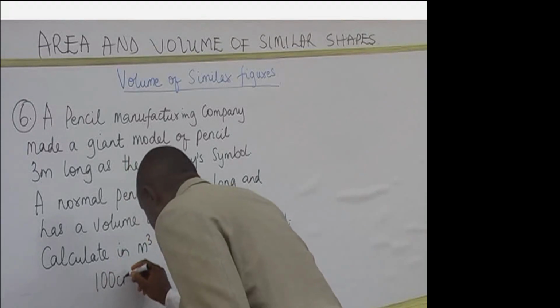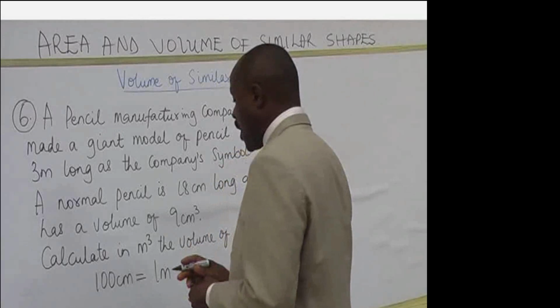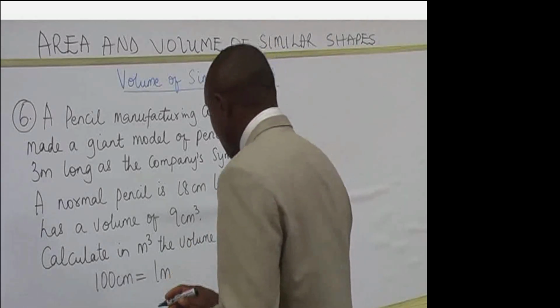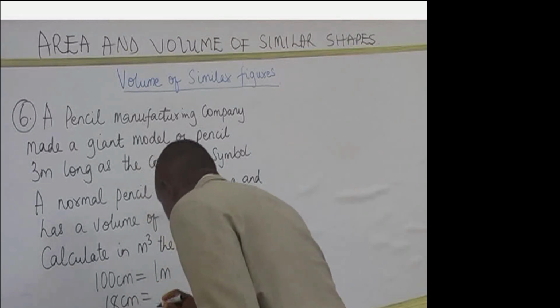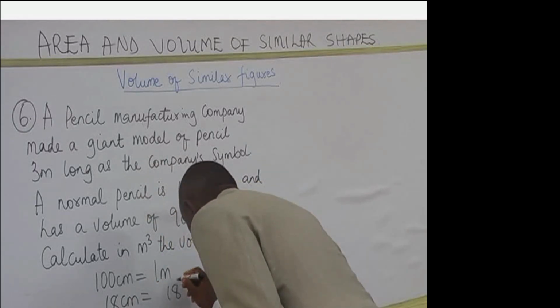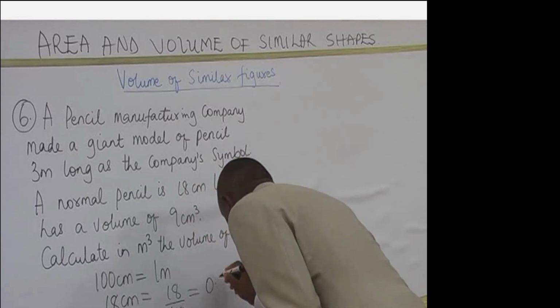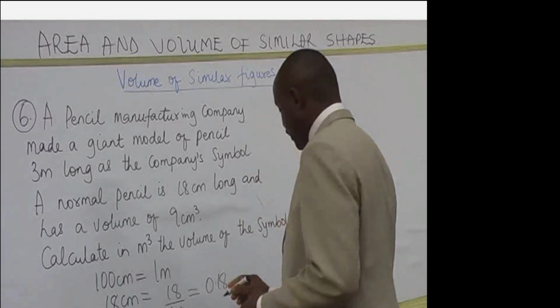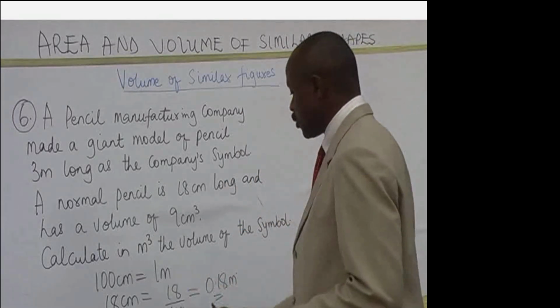100 cm is equal to 1 meter. You know that one. Therefore, 18 centimeters is going to be 18 divided by 100, which will give us 0.18 meters. You can use a calculator to confirm this.